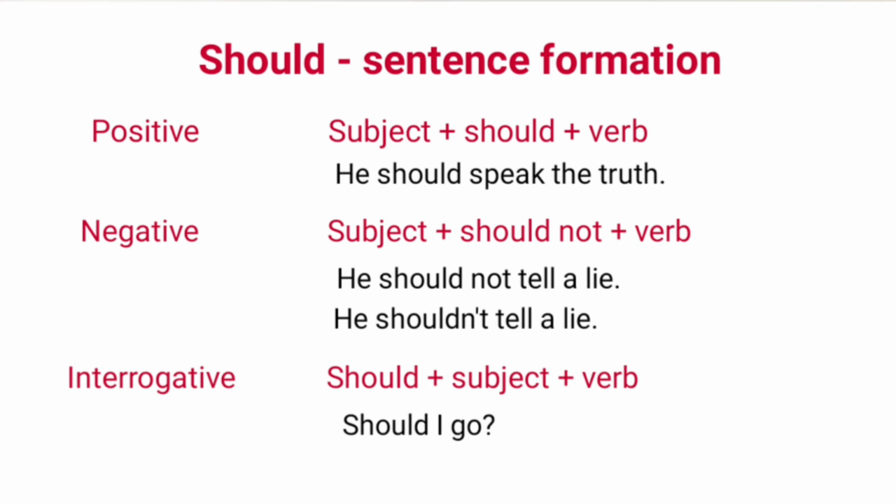Negative sentence formation, subject plus should not plus verb. Example is, he should not tell a lie. Should not is contracted into shouldn't. Interrogative sentence formation, should plus subject plus verb. Example is, should I go?